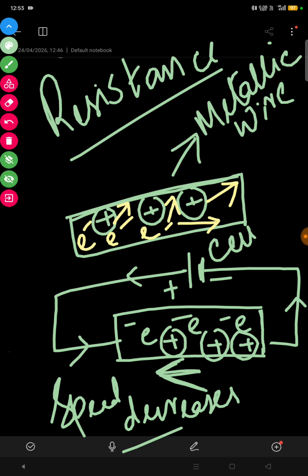The resistance of a conductor depends upon the number of collisions suffered by the electrons with the positive ions while they are moving from one end to another. That is the cause of the resistance.